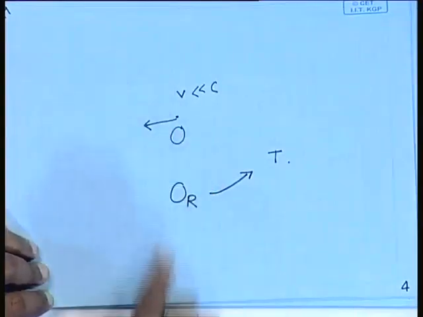Now, very briefly, let me just remind you that in the last class I had given a problem, and this problem was that there is an observer moving with the velocity v.